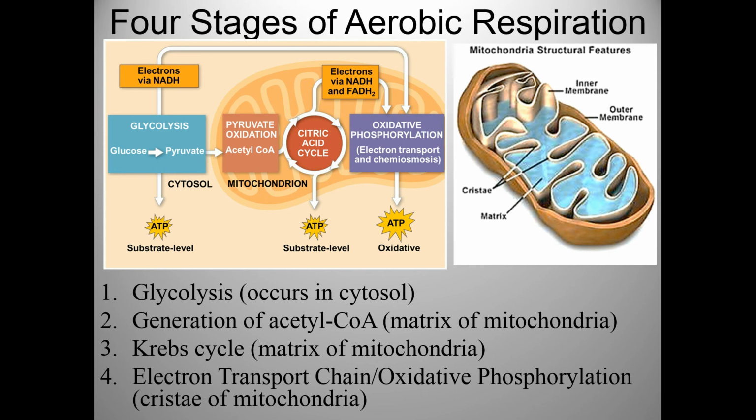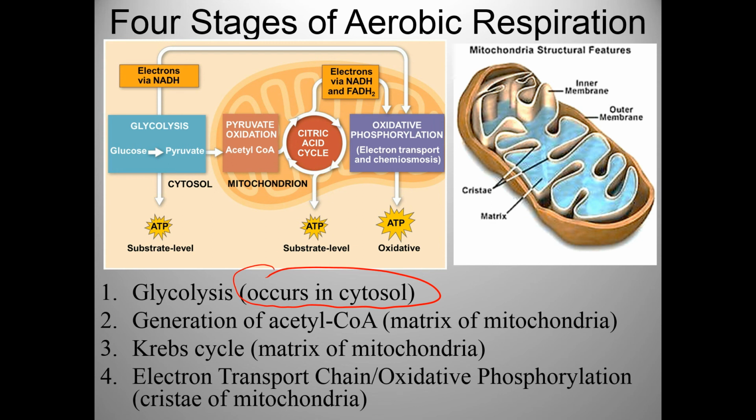All right, so looking at the different stages of cellular respiration. In terms of a sequence of steps, you have the first being glycolysis. Glycolysis involves the conversion of glucose to pyruvate. So this takes place in the cytosol of the cell.